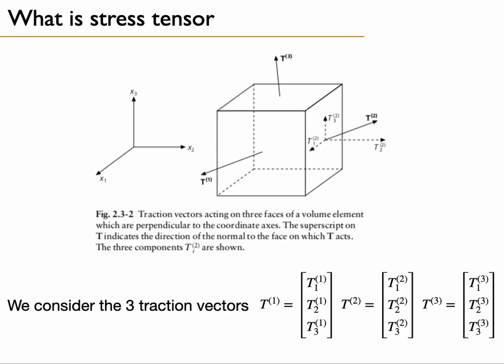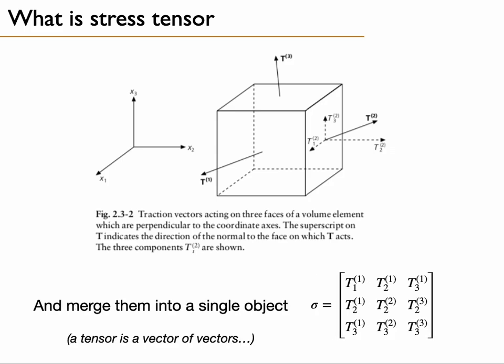So let's gather these 3 traction vectors into a single object, and this will become our stress tensor. So a tensor here can be perceived as a vector of vectors.